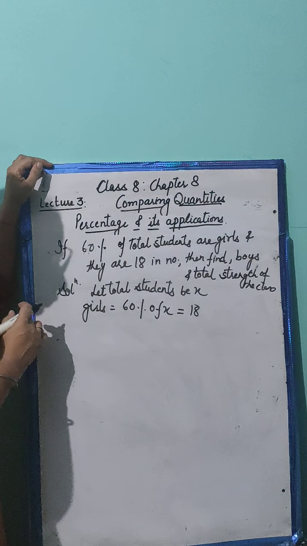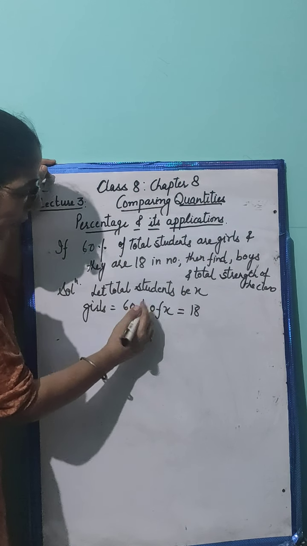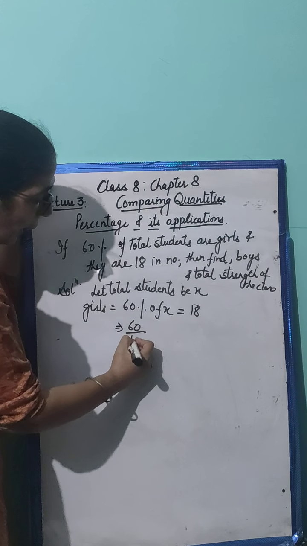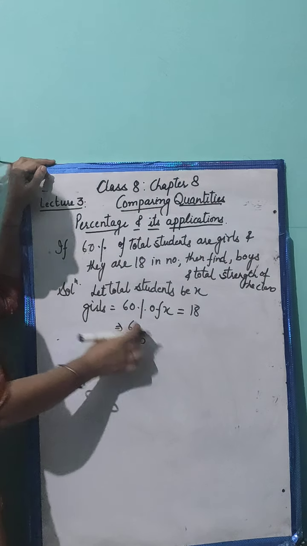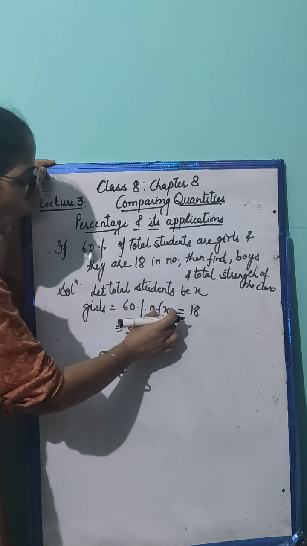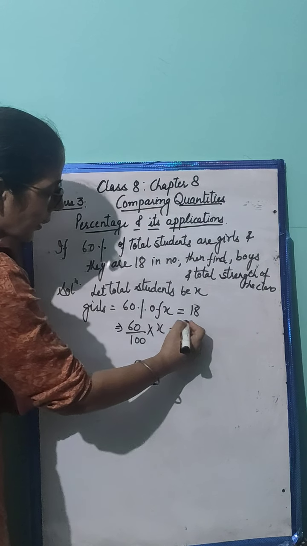How to change it into the number? 60%. जब परसेंट का साइन लगा हो तो क्या करते हैं हम? We remove it and put upon 100, meaning the denominator turns into 100. Of की वजह से multiply sign, and this is 18.